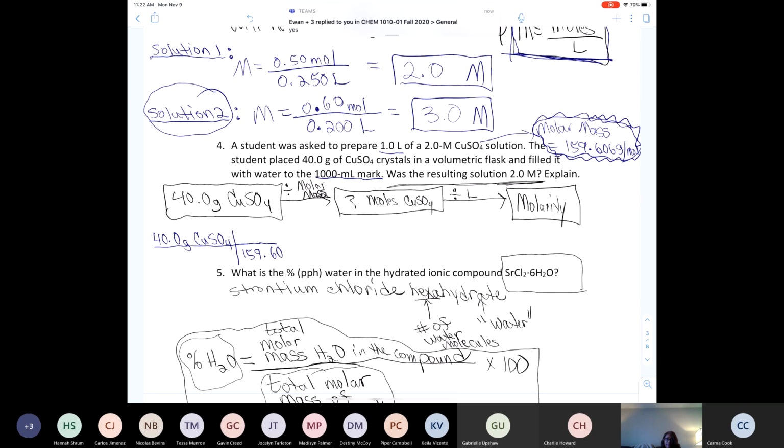Okay. So to convert the grams to moles, we divide by the molar mass. And now we have to divide the moles by the volume to get molarity.